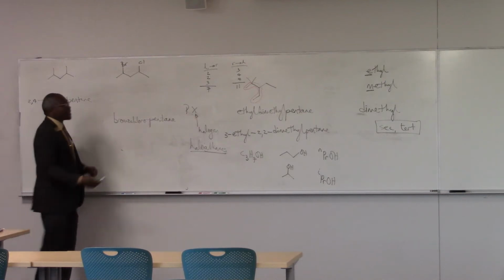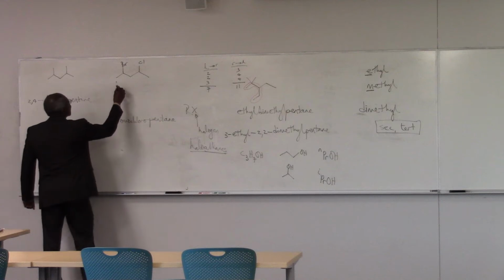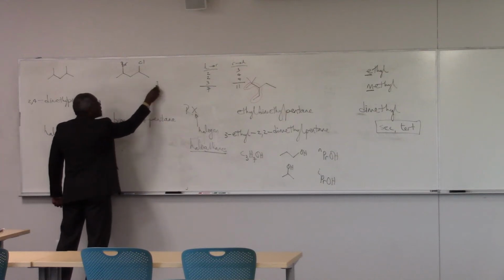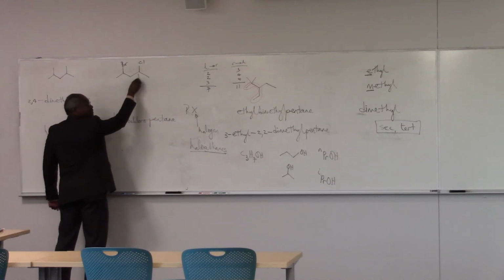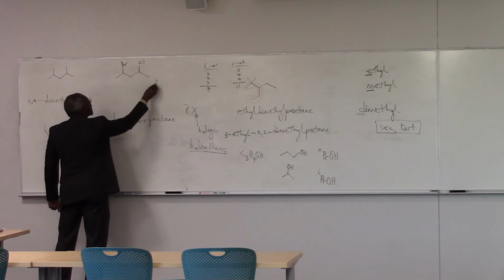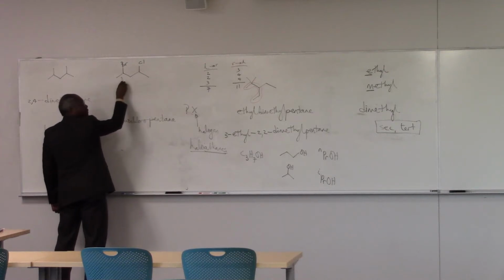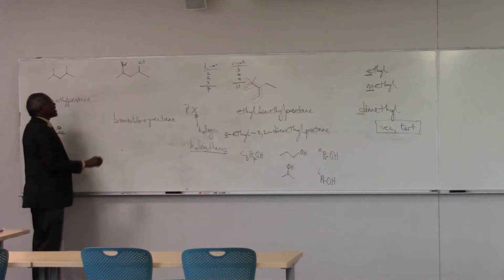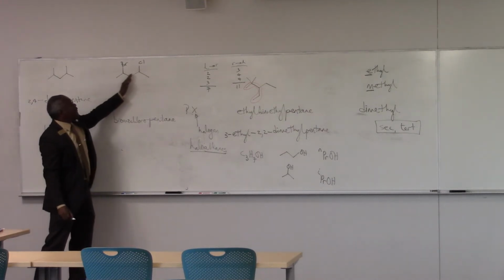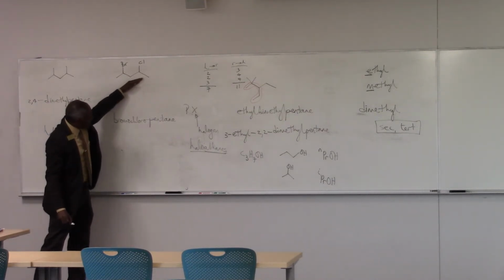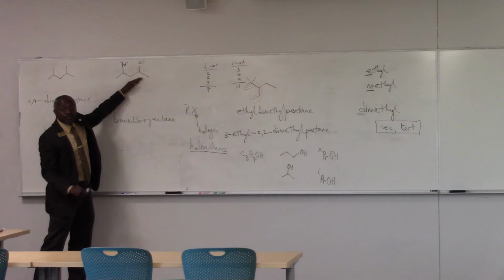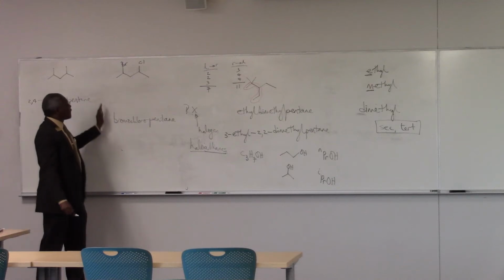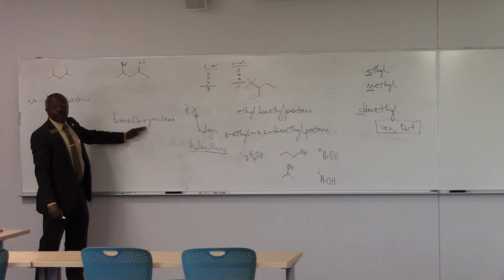But this one is interesting because if I go left to right, my locants are 2, 4. If I go right to left, my locants are 2, 4. So the question is, is this 2-bromo, 4-chloropentane, or is it 4-bromo, 2-chloro?